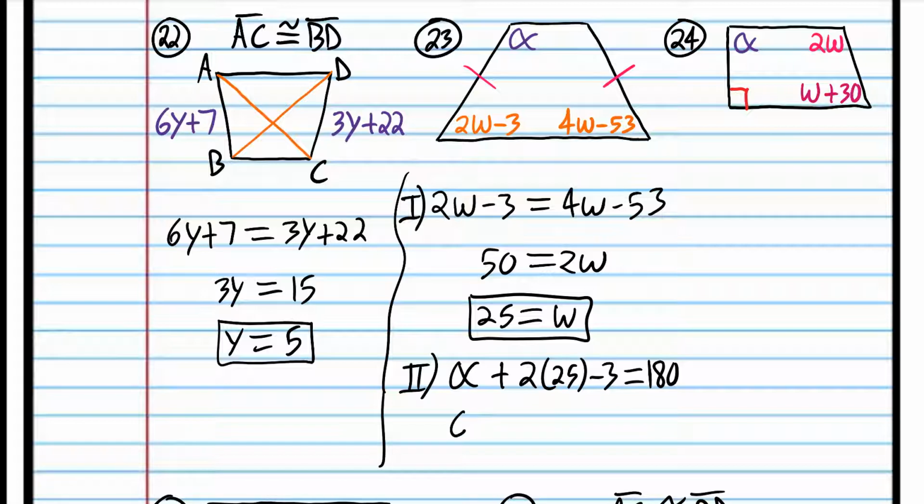So we have alpha plus 47, if you do all the math on that, is equal to 180. And subtract 47 from both sides, and we get 133, it looks like.